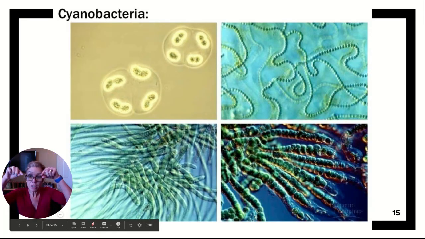Cyanobacteria do nitrogen fixation, where they convert N2 into ammonia, NH3, and then there's nitrification and the rest of that. So on your notes, an example is cyanobacteria, and it is a major contributor to the oxygen revolution, about 2.3 billion years ago when oxygen filled our planet, and they still help today with nitrogen fixation.